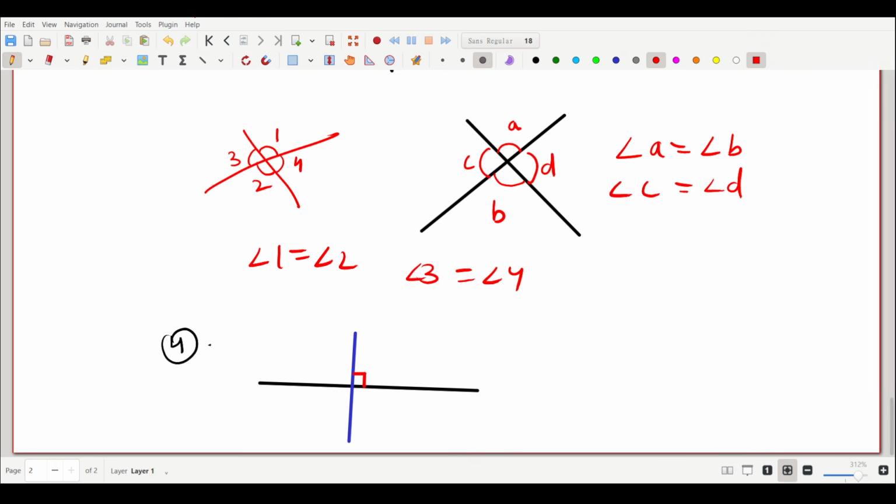All the angles are shown with a curve sign, but a perpendicular angle will be shown like this. This angle which is made here is 90 degrees, and the lines are perpendicular. The angle is a right angle.